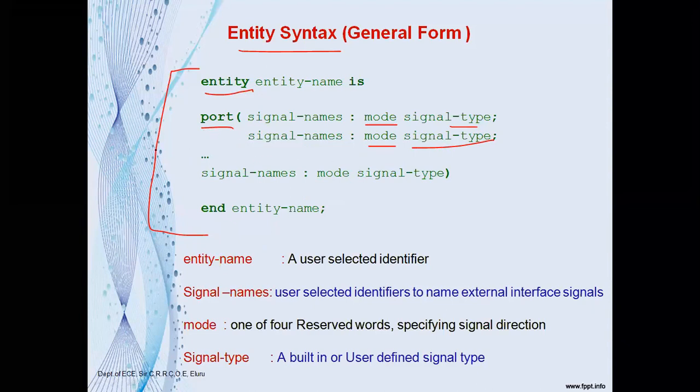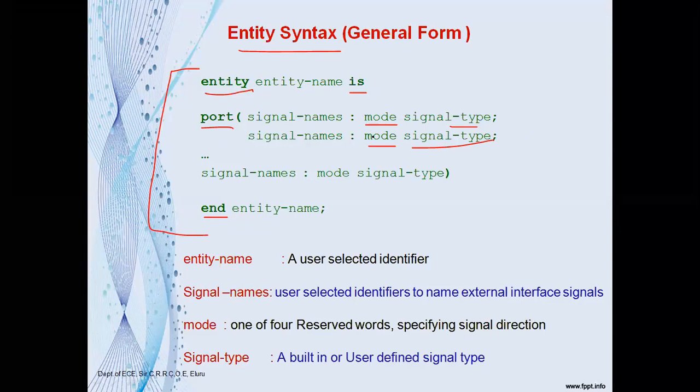And this entity is ended with end, another reserved word, followed by the entity name. So this is the entity syntax, the general form of how we can define the entity of a model. It is defined as entity, a reserved word, with the entity name, is, which is also a reserved word. And then, what is the main purpose of the entity?